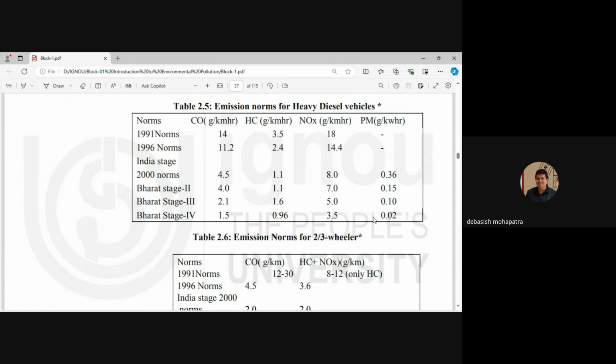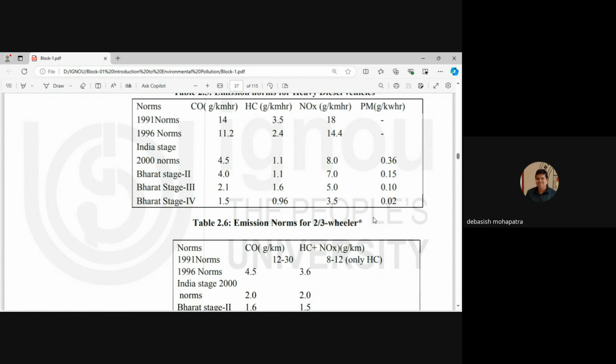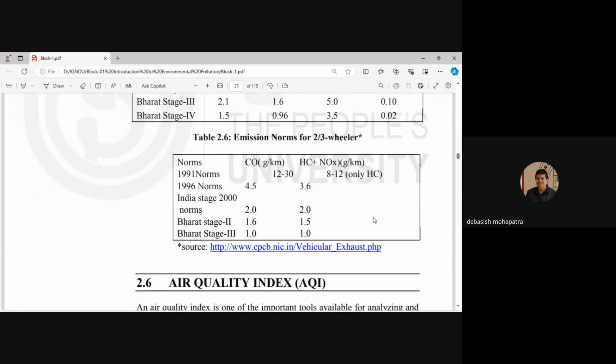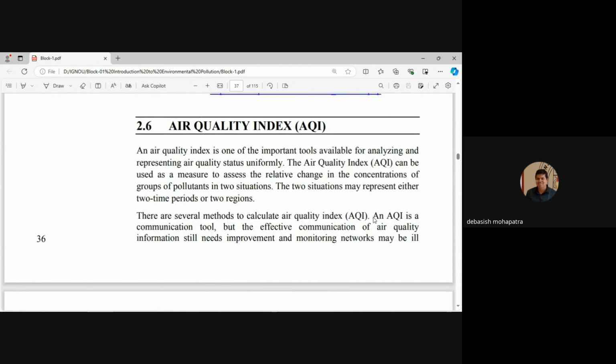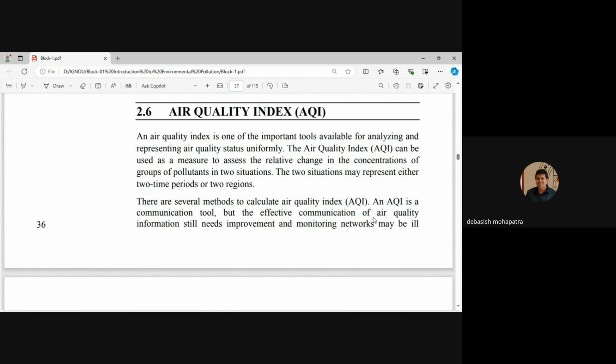So these are the different norms according to which our engines are made. Then air quality index, or AQI.